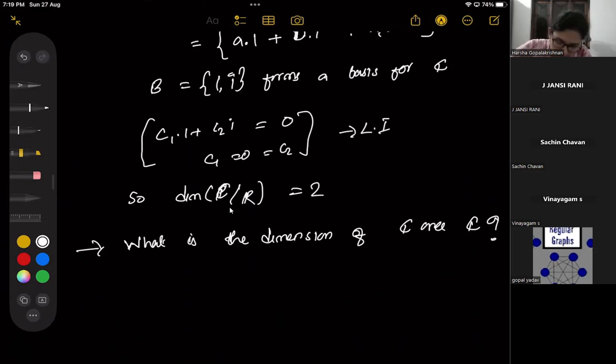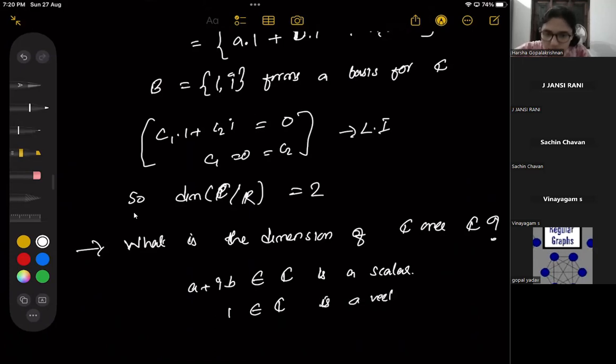Whatever element A plus iB, like here I am taking this A plus iB belonging to C, is a scalar. And 1 in C is a vector.